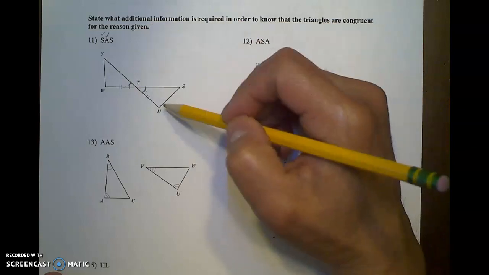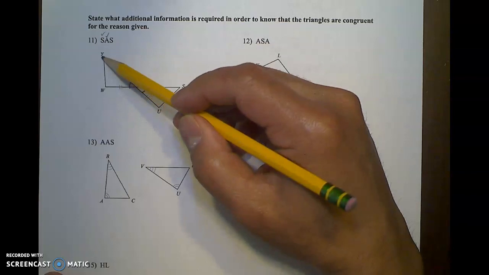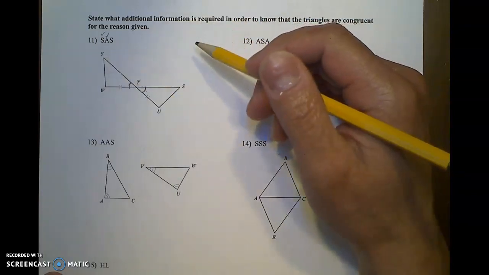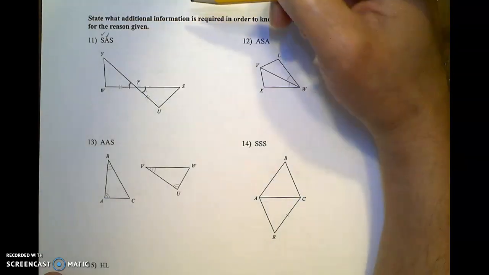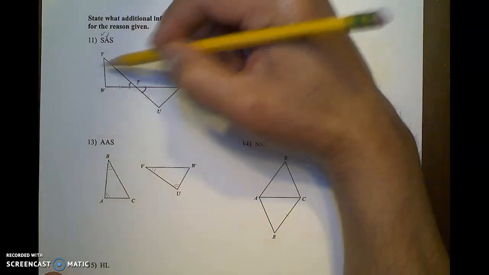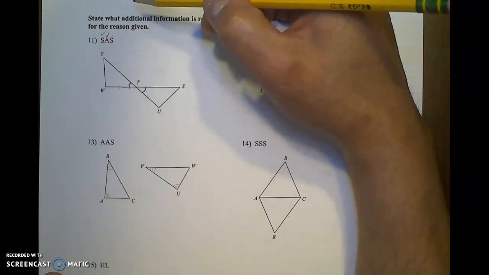Now we have options, right? If we focus on this triangle, we can either pick side YW to mark up or side YT to mark up with a tick mark. Now, it does matter which one we pick to get this second side for SAS.